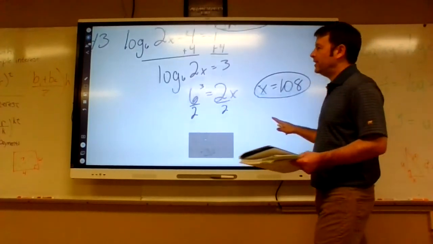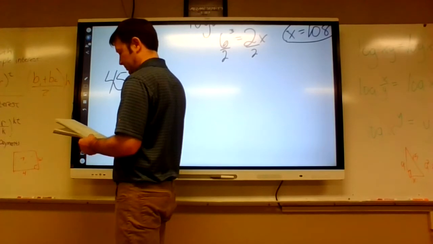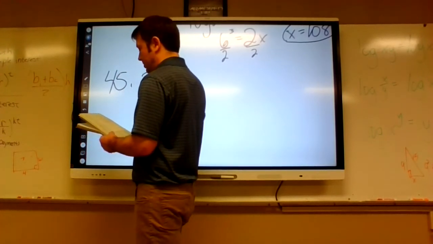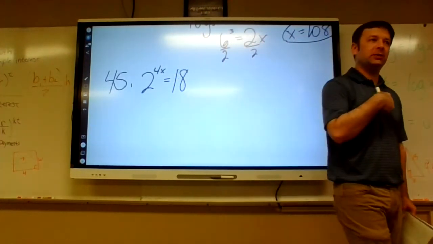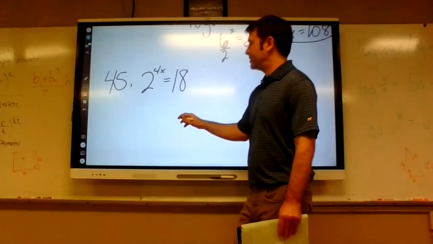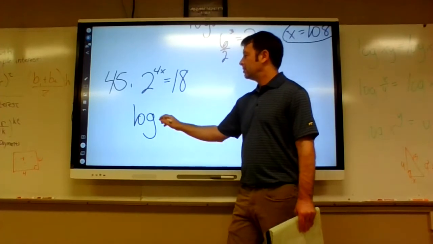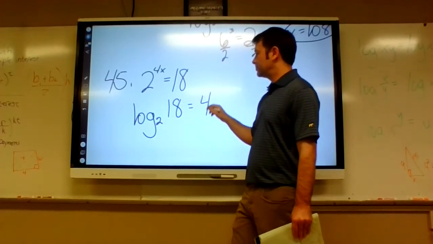Okay, 45. What's different about 45? It's an exponential. Right, it starts as an exponential equation. And if it starts as an exponential equation, what are we going to do about it? Change it to a log. So what is this as a log function? Log base 2 of 18 equals 4x.